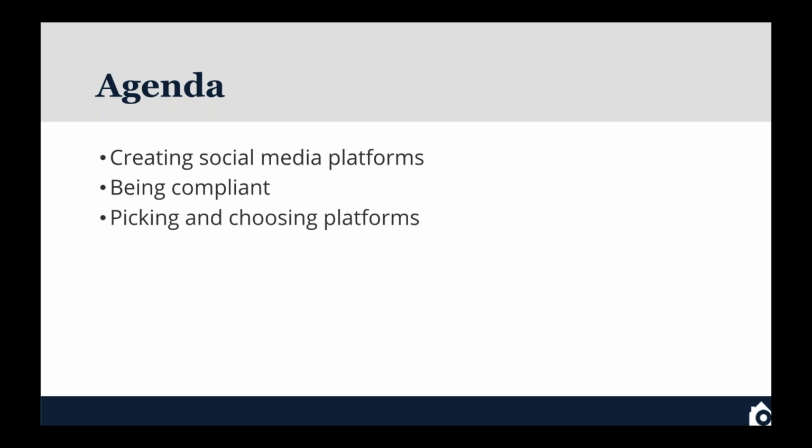Picking and choosing your platforms is our next topic, just knowing which ones you can use or want to use. And we're going to finish with staying updated, where we get into how you can change certain information, whether it's in your description or about section, or on the content side, the type of content that you share with your audience.